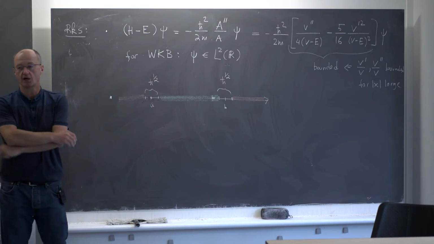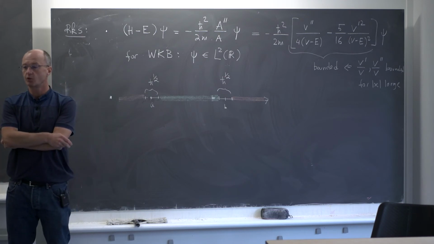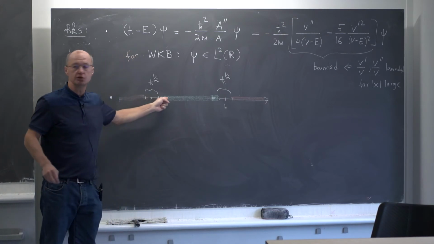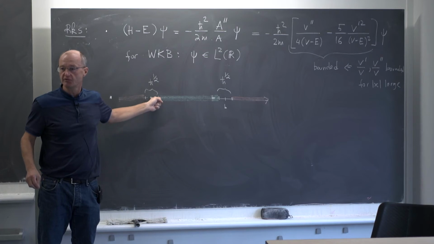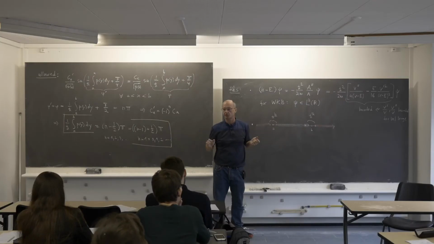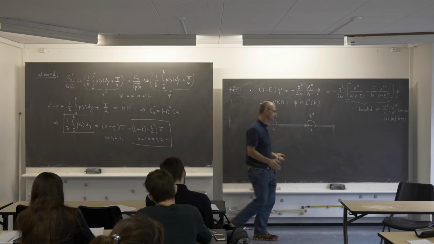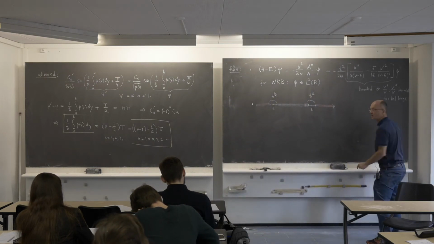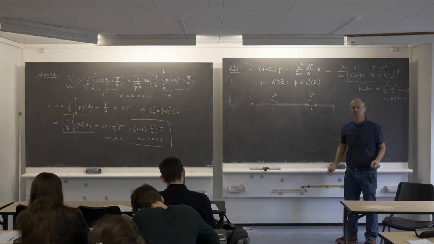So for this reason, one has to introduce 4 more regions. You have to smoothly glue Airy to WKB if you want to do it really honestly. And frankly, that's why I don't want to do it here.